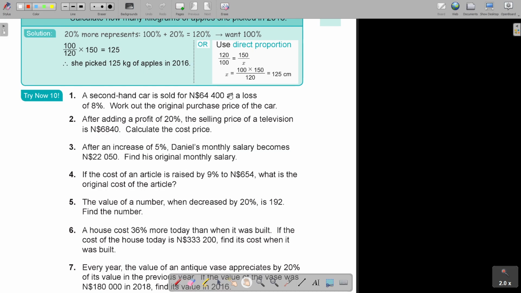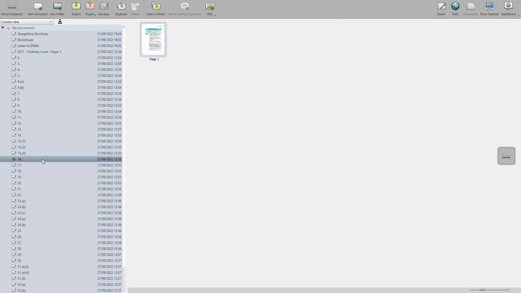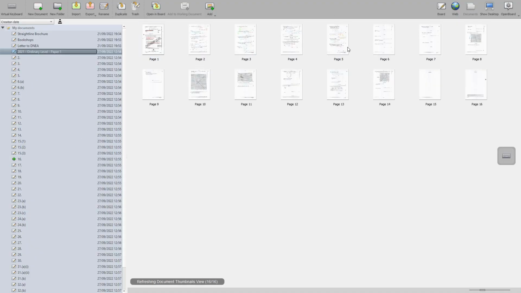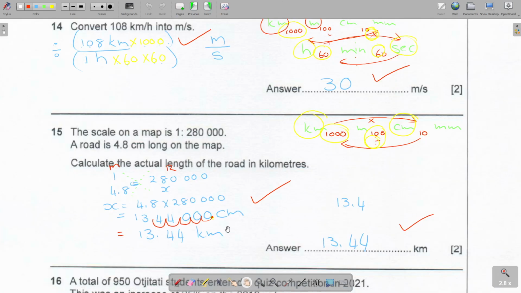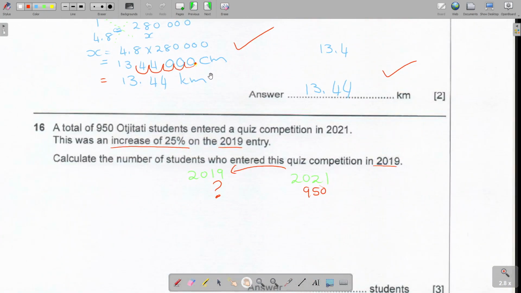Okay, let's go back to the question paper. Here it is. A total of 950 Ochitati students entered in 2021.